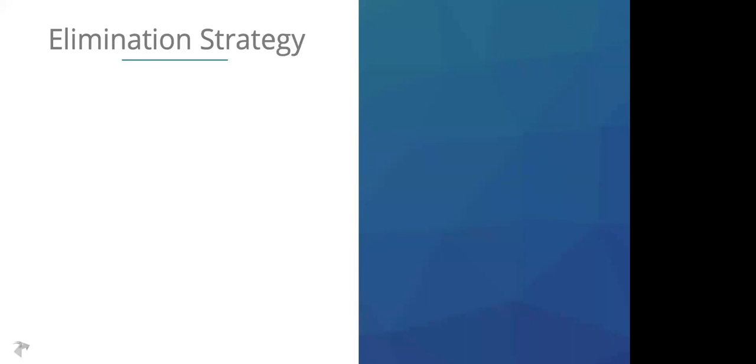First up is the elimination strategy. We'll talk about specific elimination strategies for each section in a bit, but here's the general elimination strategy for the test. So the general idea is that because the test is multiple choice, we want to use the structure of the test, that multiple choice structure, to our advantage. We know the answer is somewhere there.